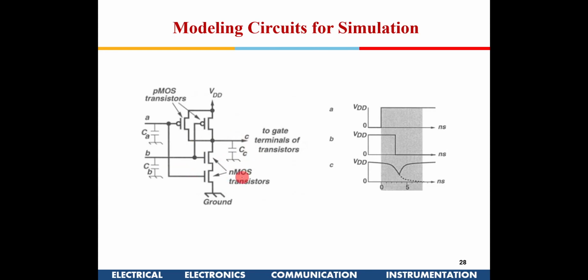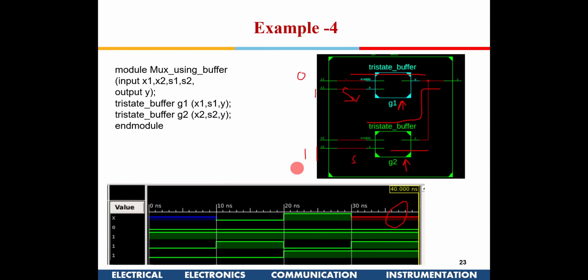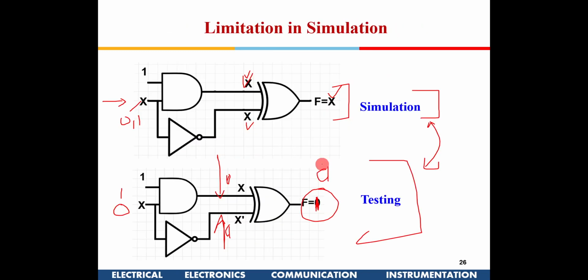This is our actual transistor, the currents are varying, the capacitances are varying at each node, so delays are there. The output need not be like this, and there could be charging and discharging times involved. So before going to transistor level modeling, at the gate level itself, certain delays can be introduced.